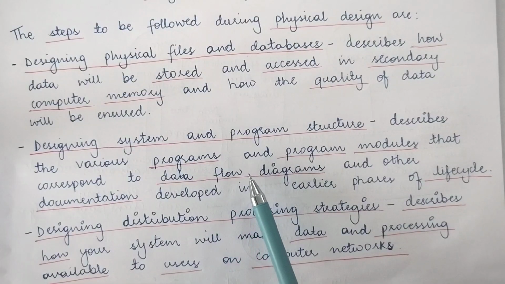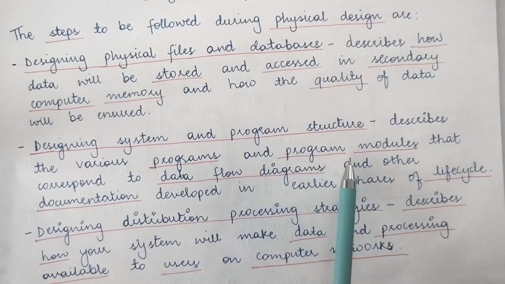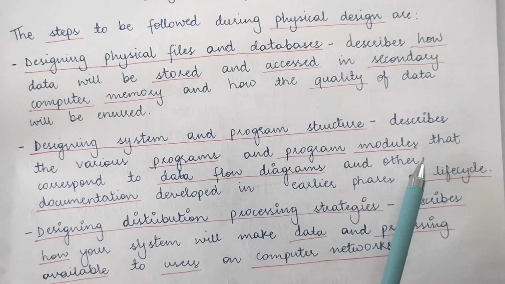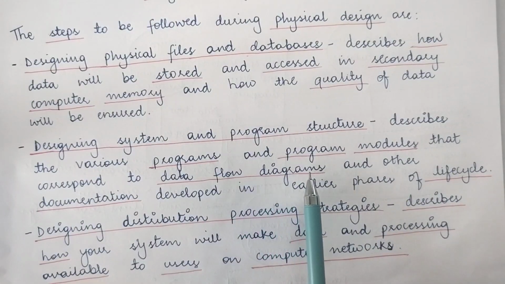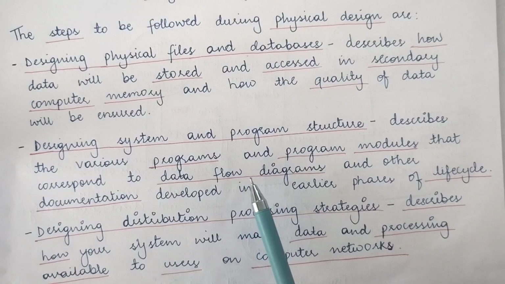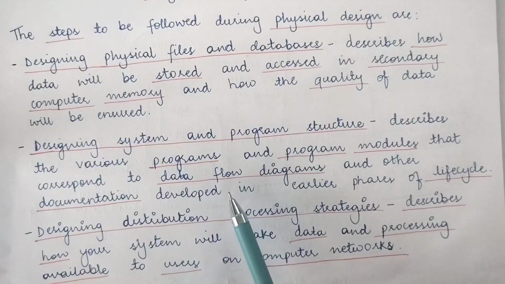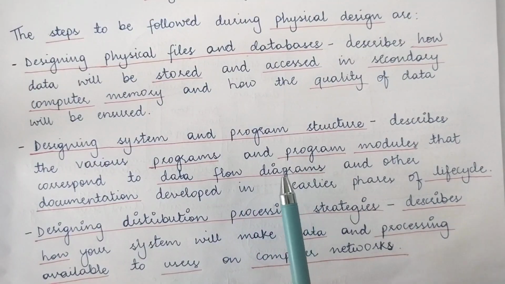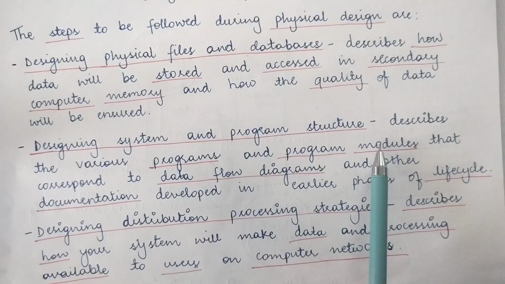Whatever programs are required for a specific system application, and within the program whatever modules are required for that specific system application, these are described by the DFDs or the data flow diagrams, which basically show you the flow of data from which particular element to which particular element the data is flowing. This is shown by the data flow diagram. So when I am designing system and program structure, it is through the help of data flow diagrams that I am telling about the various programs and program modules which are required in designing a particular system.